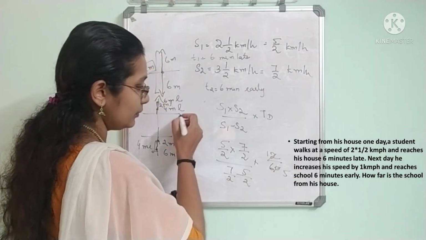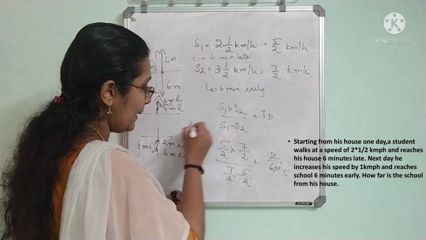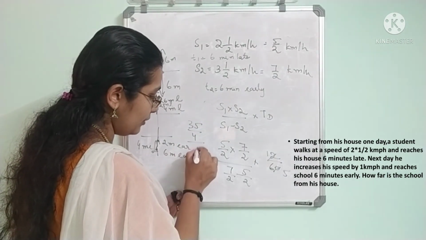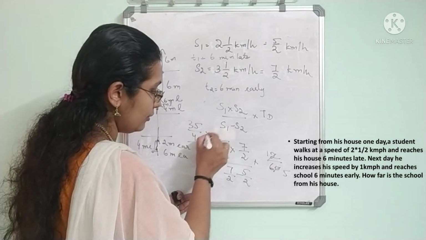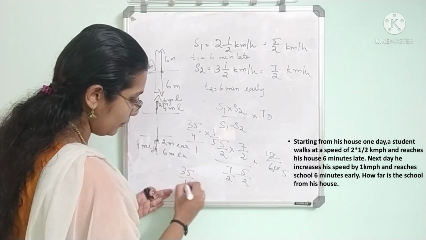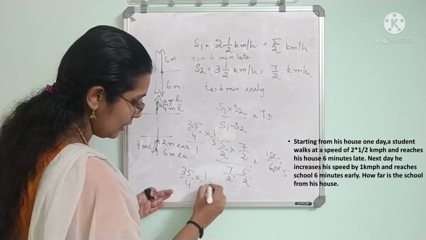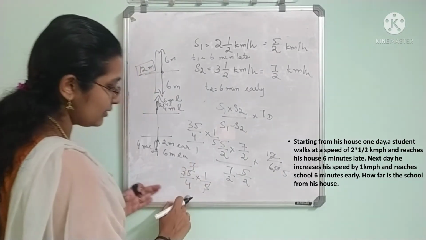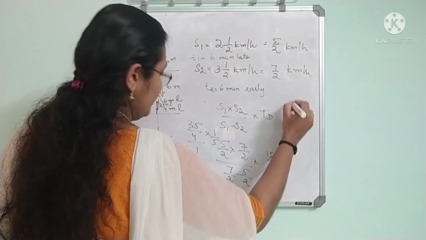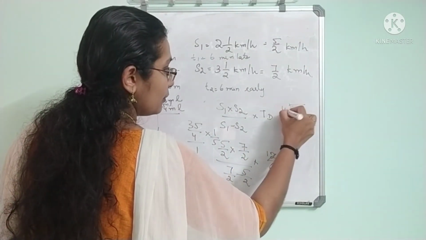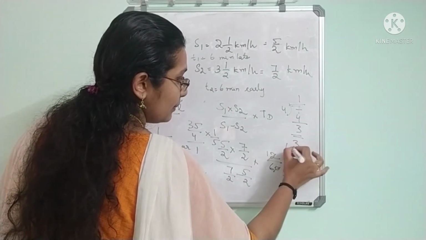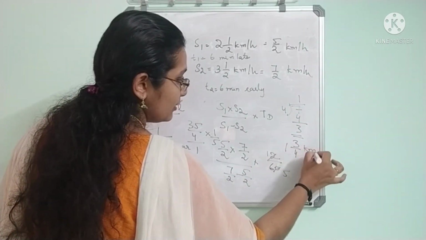Okay, so 35 by 4 divided by 2 by 2, which is 1. Okay, into 1 by 5. Clear? So 35 by 4 into 1 by 5. 5 7s are 35. So 7 by 4 is your answer. 7 by 4 means 7 divided by 4. 4 1s are 4, remainder 3. So 1 3 by 4 kilometer is your answer.